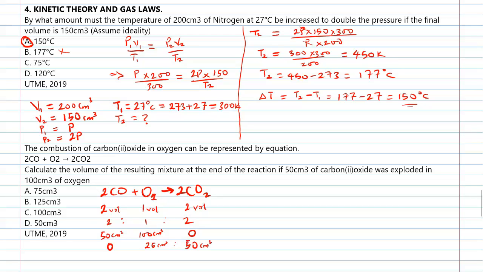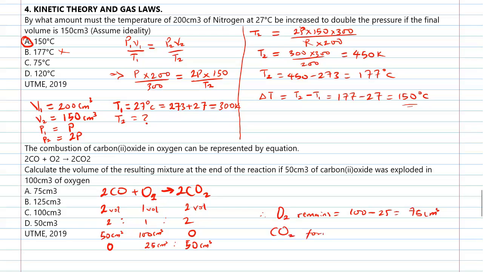The question said, calculate the volume of the resulting mixture at the end of the reaction. Therefore, O2 remains 100 minus 25, which is 75 cm³.